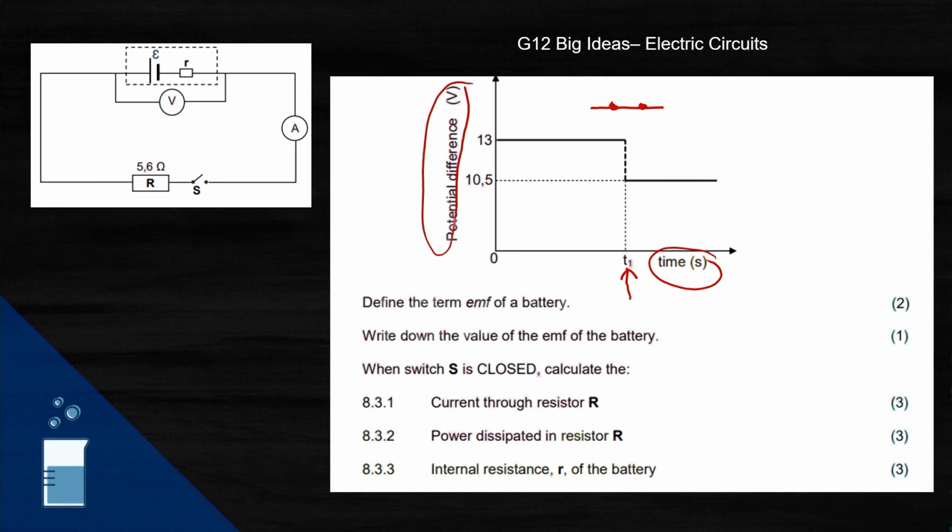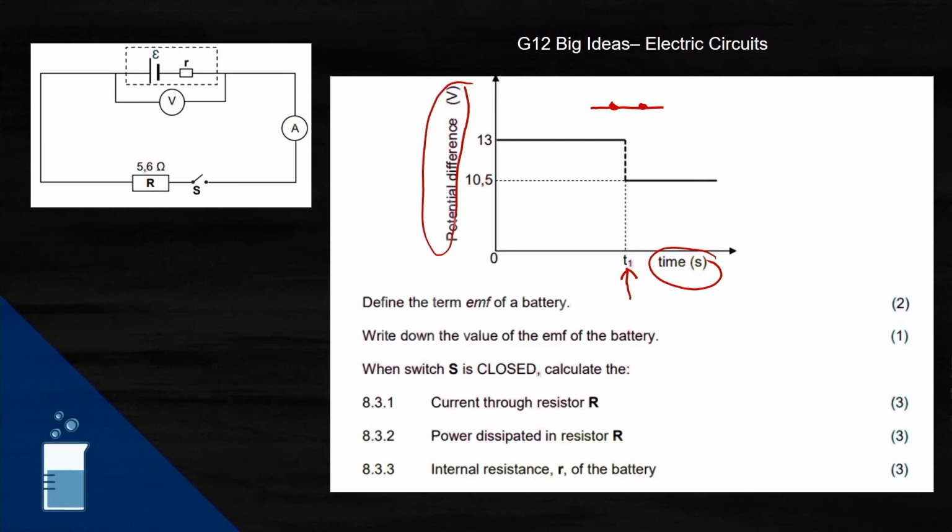That means that charge is now flowing. Define the term EMF of a battery. I've just done that, so look back and see if you can do this without looking, and check your answer. Then write down the value of EMF of the battery. Well, EMF is when the battery is not being taxed, when the switch is still open.